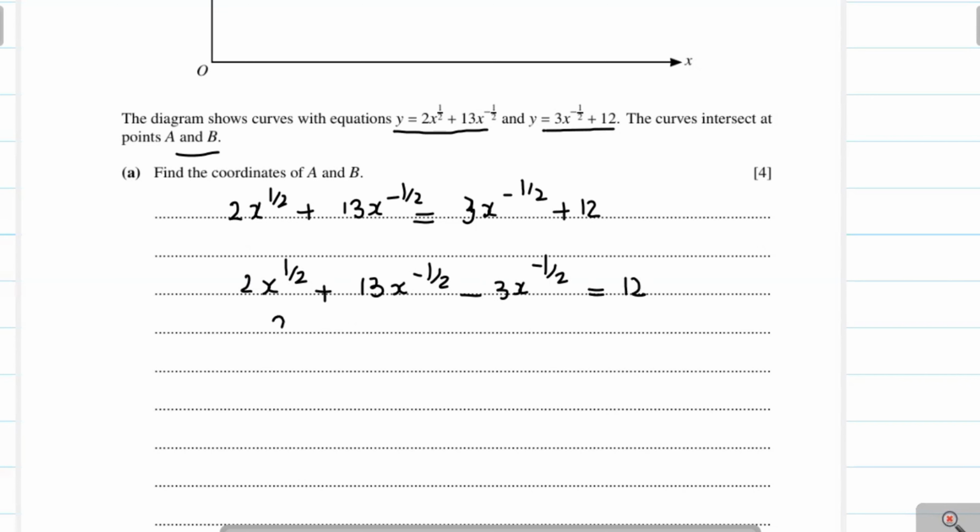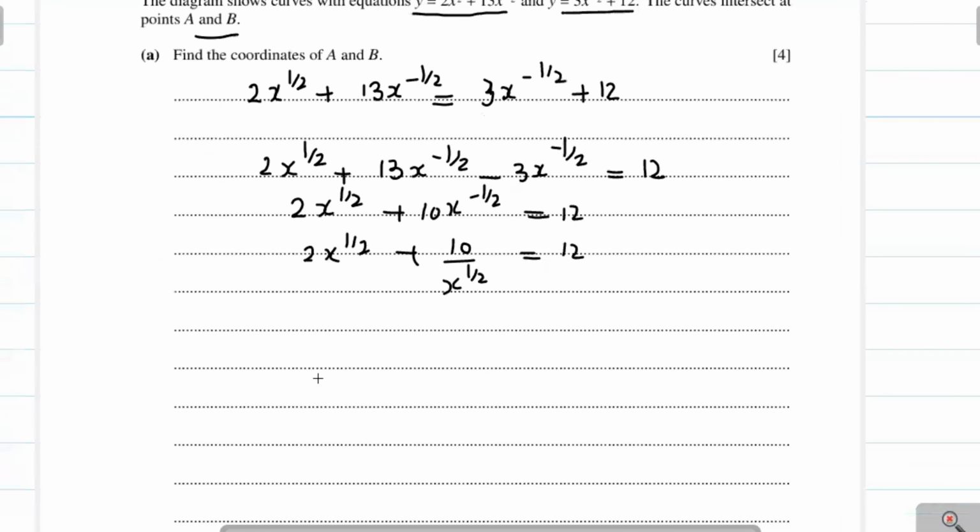Now we can write this equation as 2x power 1 over 2 plus 10 into x power minus 1 over 2 equal to 12. And we can write this as 2x power 1 over 2 plus 10 over x power 1 over 2 equal to 12.